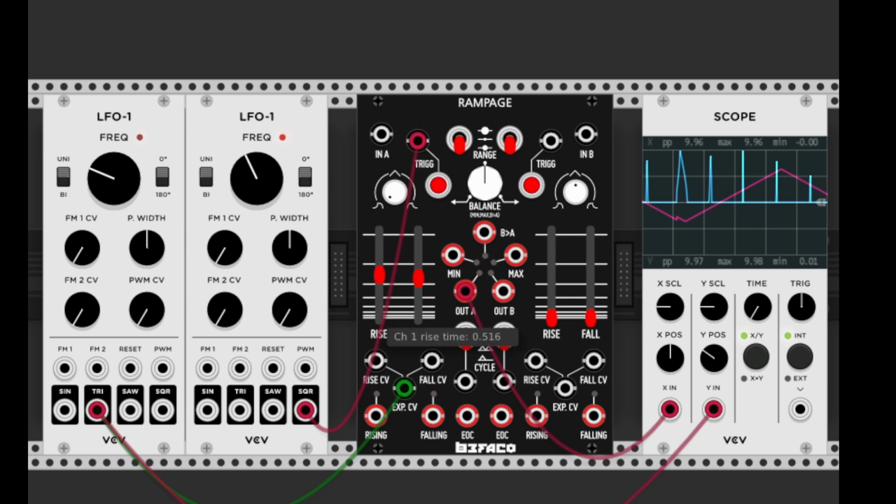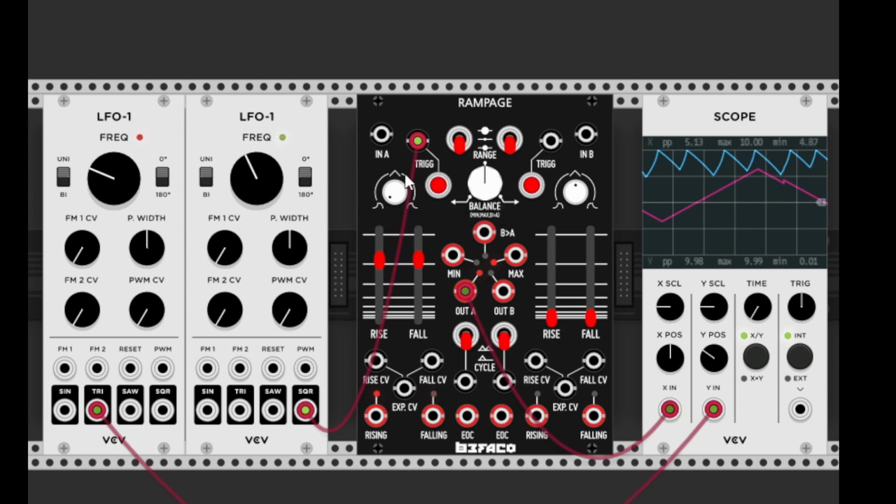Let me increase the offset to make it better visible. Yeah, now you see here, it's nice that the higher the input level, the shorter the envelope, but the shorter both envelope stages. Yes, so I think I have talked about everything concerning only one unit.